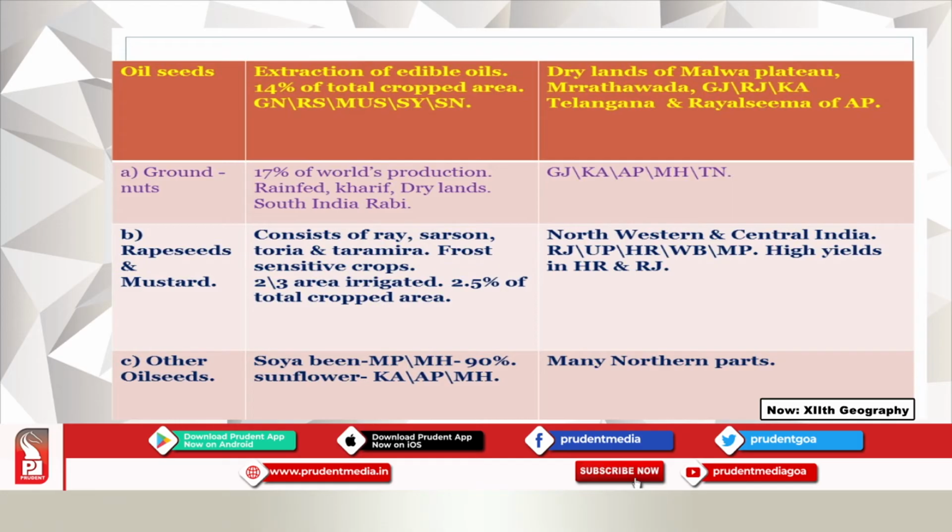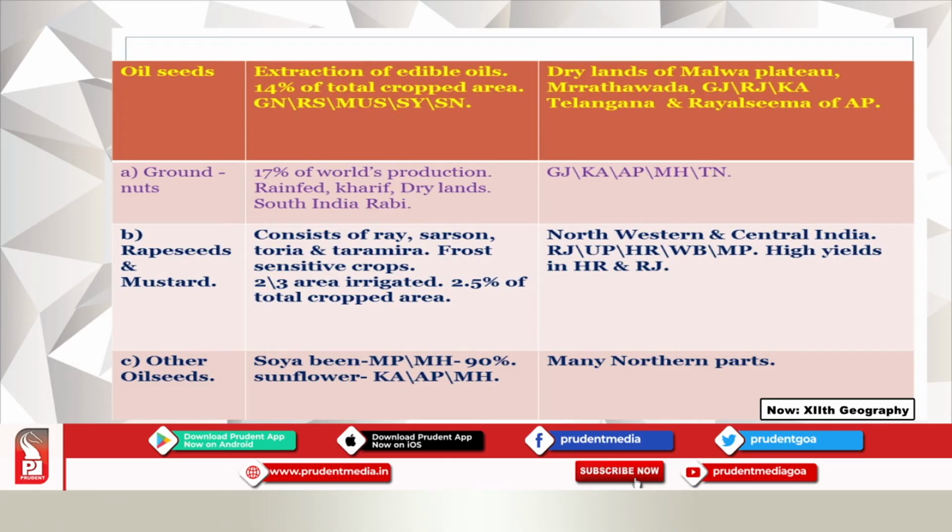The major states of oil seed cultivation are in western and central part of India. Rajasthan, Uttar Pradesh, Haryana, West Bengal, Madhya Pradesh, Punjab have more cultivation of these oil seeds.